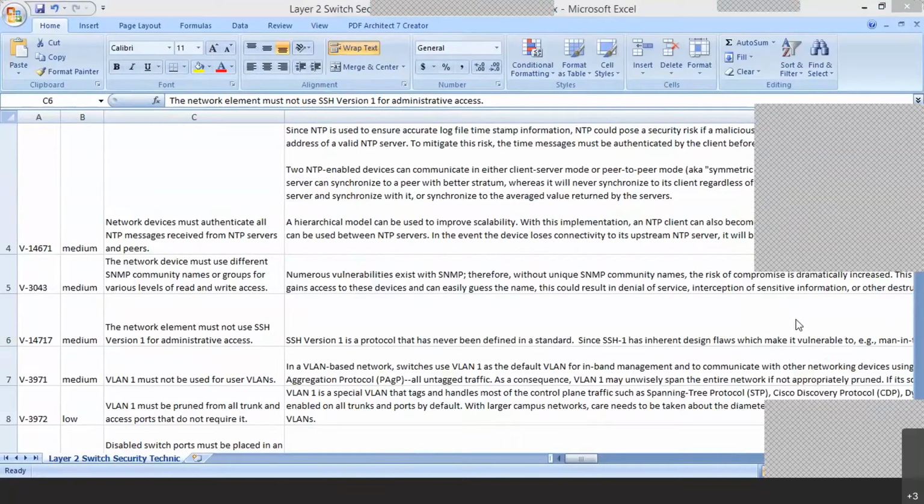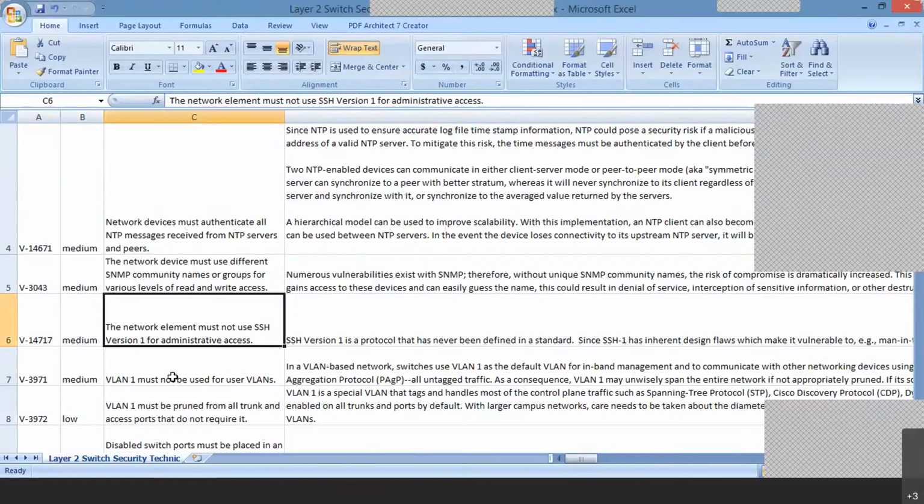Then coming to checkpoint number 7: VLAN 1 must not be used for user VLANs. I've always seen in many organizations that most of the network devices are configured starting from VLAN 1. Always keep in mind that VLAN 1 should not be used; your configuration should start from VLAN 2.